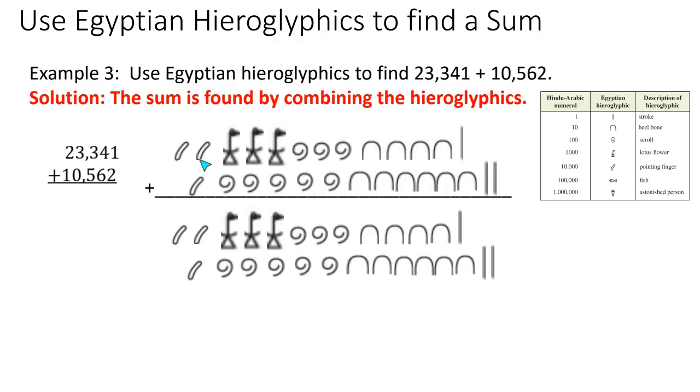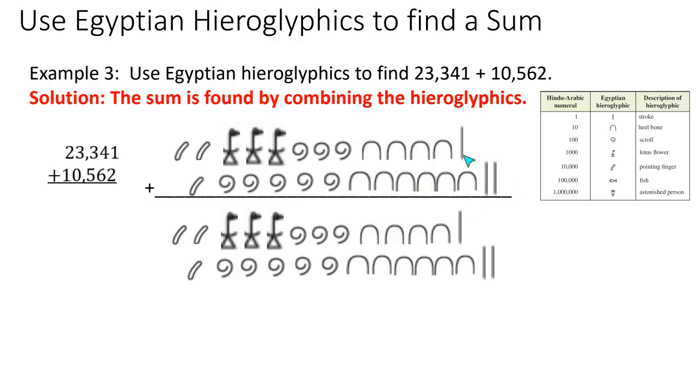So that means that it's 2 pointing fingers, 3 flowers, 3 scrolls, and 4 heel bones, and 1 stroke. And then for the 10,562, it's 1 pointing finger. We have no flowers. Then we have 5 of the scrolls and 6 heel bones and 2 strokes.